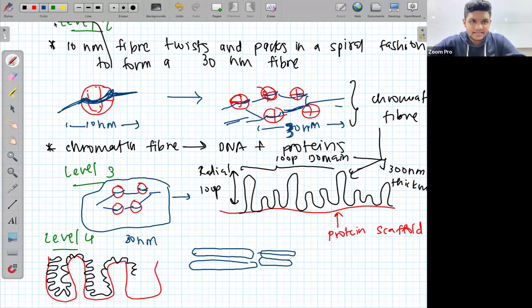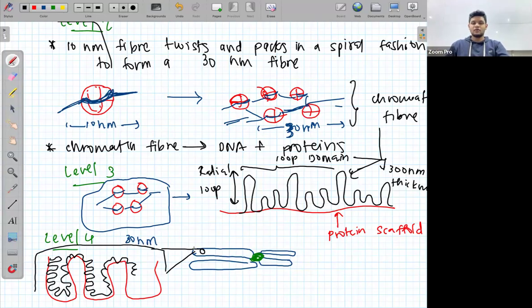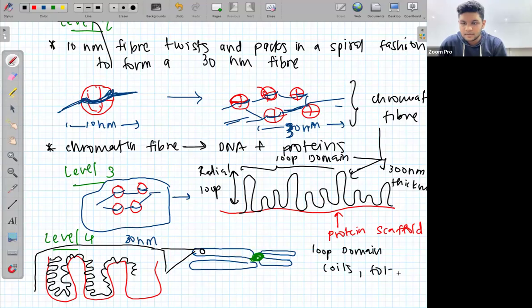If you see the resource book, you can understand from the picture itself, because the picture gives the clear explanation. Yes, centromere. Is it clear? It is looking like this, right? Here also they are using certain words. Under level 2, I used words like twists and packs in a spiral fashion. So here also they're using loop domain coils, poles, and further compacts.